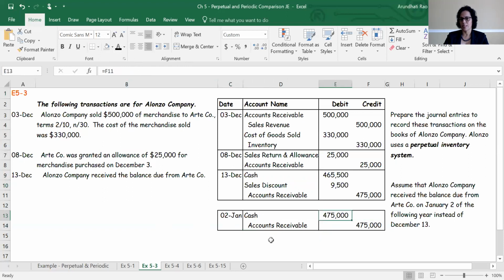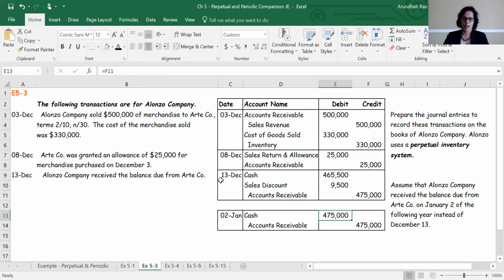They lost out on the discount. A pretty large amount if you look at it over here, $9,500. So I'm better off in terms of getting that $9,500, but I had to wait an extra 20 days to get that payment. So that's a downside of me having to get the full amount, is I have to wait the extra time.